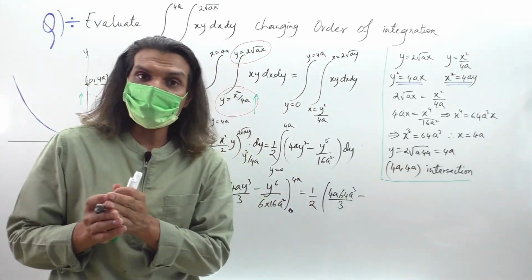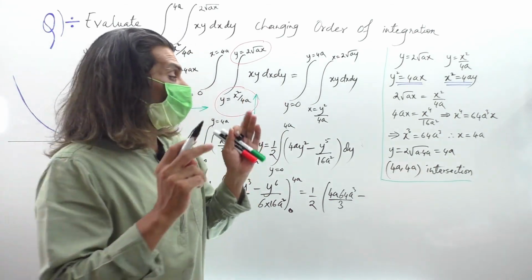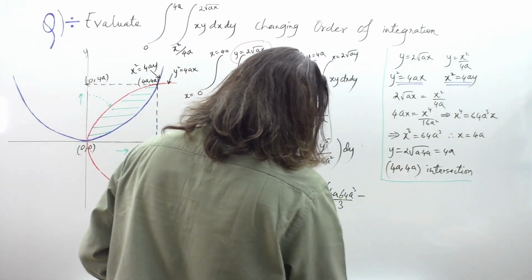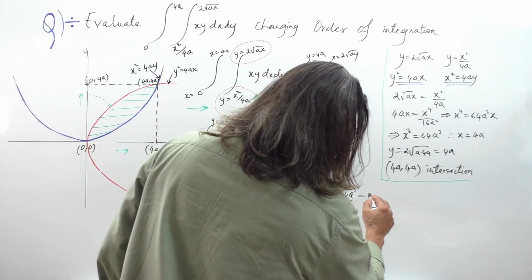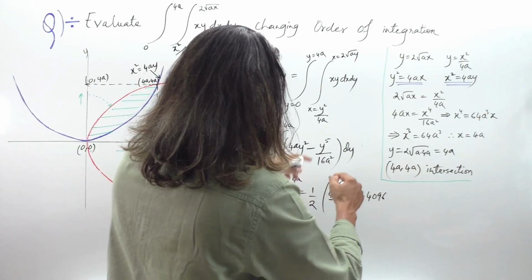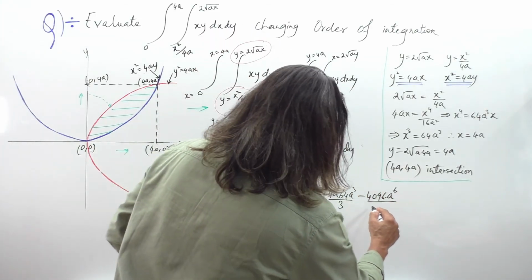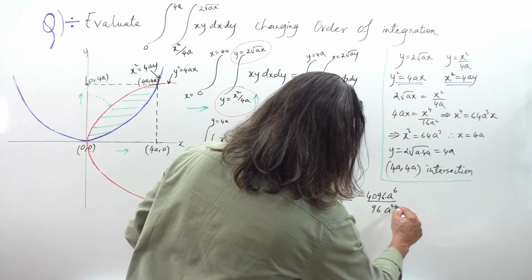So what is 4 raised to 6? If you are not well versed, then please use the calculator properly. Okay, so 4 raised to 6 will be 4096, and 4a raised to 6 means 4096 a raised to 6, divided by 6 into 16, which is 96 a square.